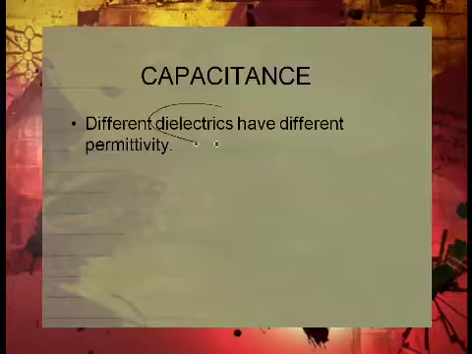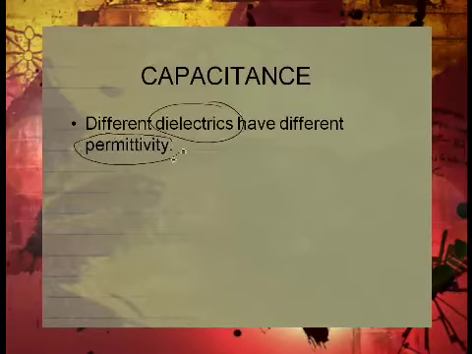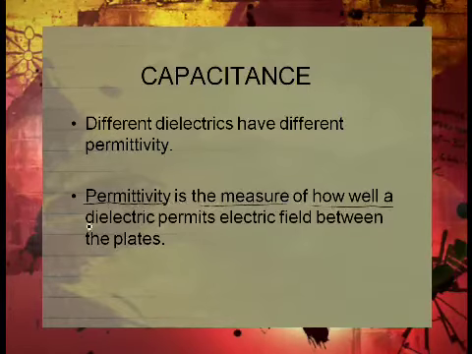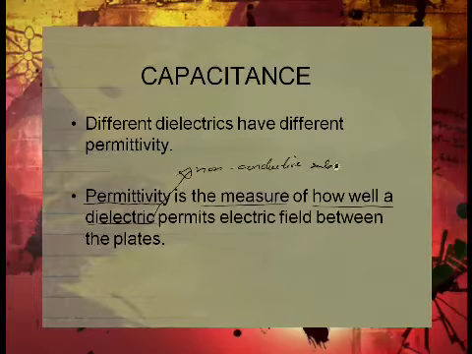Different dielectrics have different permittivity. And what do we mean by permittivity? Permittivity is a measure of how well a dielectric, which is a non-conducting substance, permits electric current or electric field to pass through or between the plates, to move from one plate to the other.